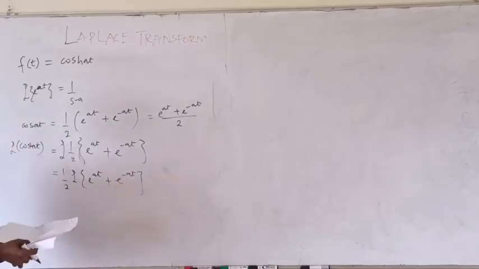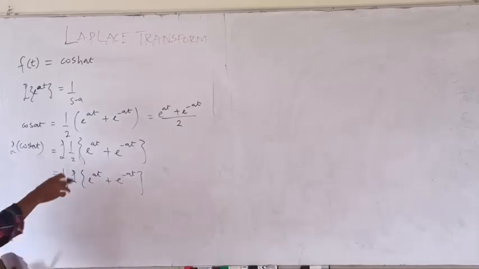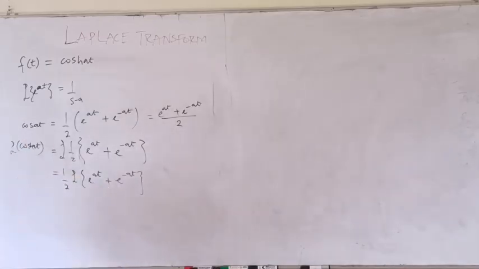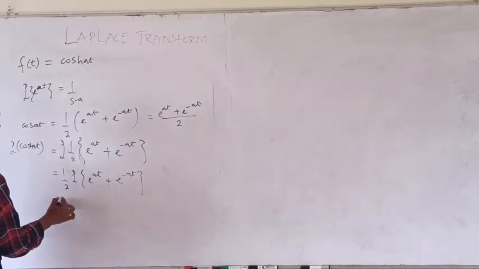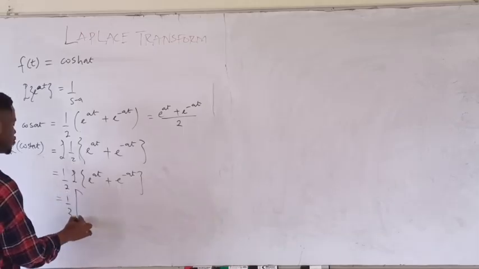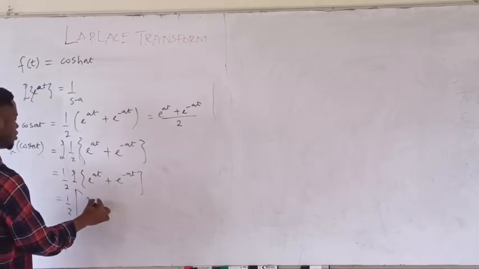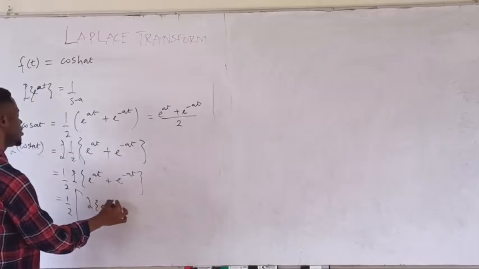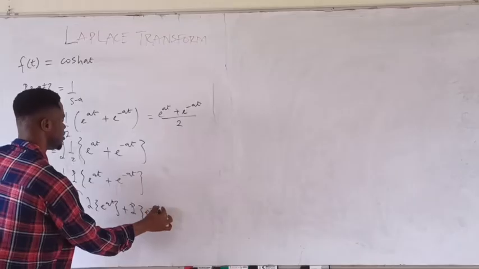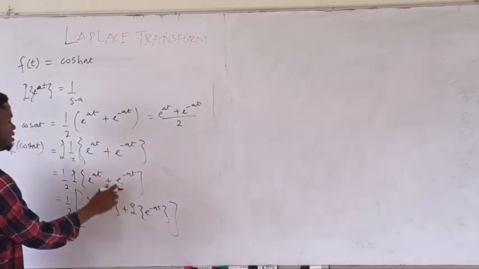If you want, you can try to expand this Laplace. This simply means 1 over 2 into the Laplace of exponential of at plus the Laplace of exponential of minus at. So this and this are basically the same.